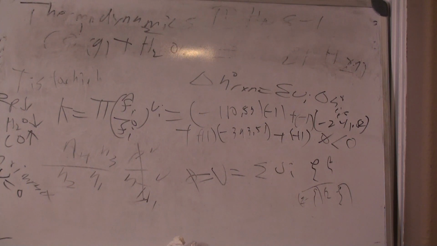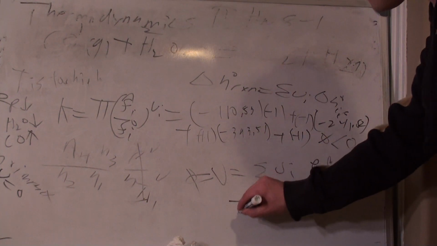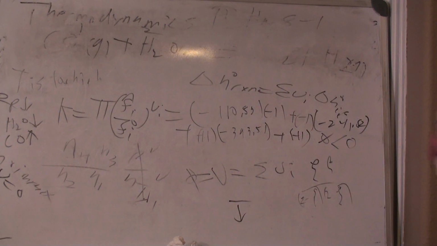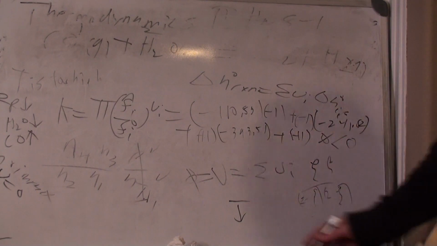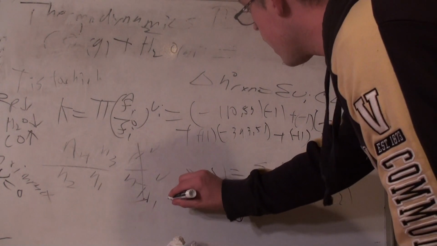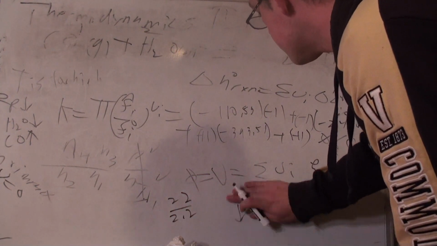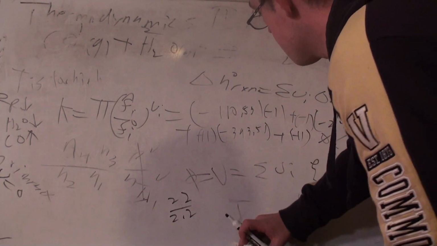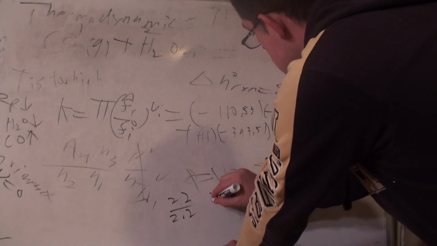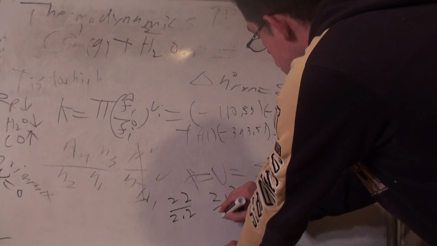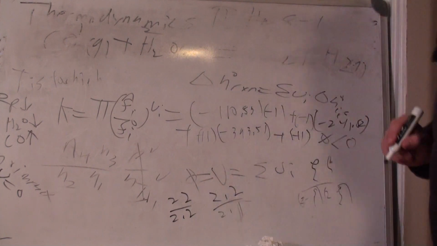Well, I've lowered the bottom. So what does division by a lower number mean? If I use simple numbers, I've got 2 times 2 over 2 times 2 versus 2 times 2 over 2 times 1.